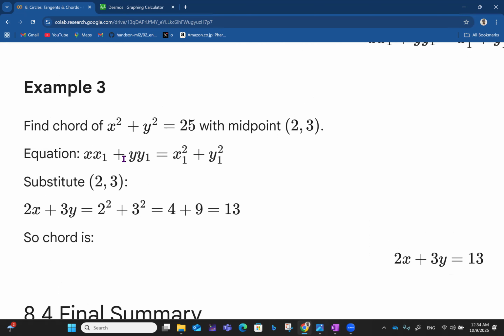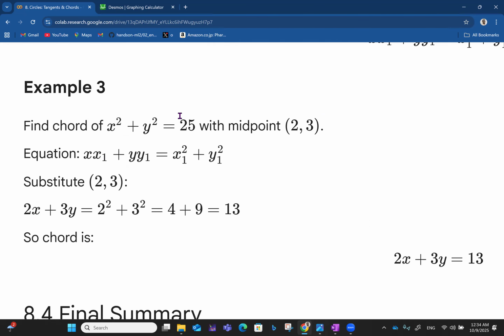So that'll just be xx1 plus yy1 equals x1 squared plus y1 squared. We substitute 2, comma 3. So x1 is 2, that's 2x plus 3y equals 2 squared plus 3 squared, that's 4 plus 9, which is 13. So you have 2x plus 3y equals 13.